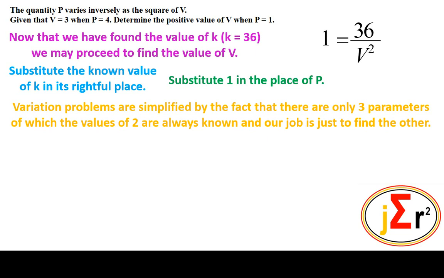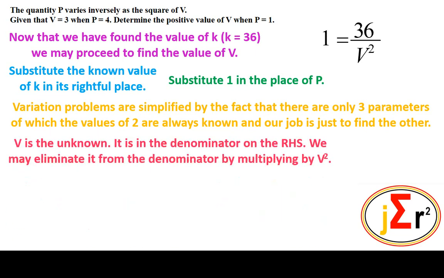Now we started off with the values of p and v, which of course, although it was not said, we have to use those initial values to find the value of k, which is an understanding that every candidate should have. You have a variation problem. One of our first moves is to find the value of the constant of proportionality, because by so doing we will find the corresponding value of one variable as long as we have the value of the other.